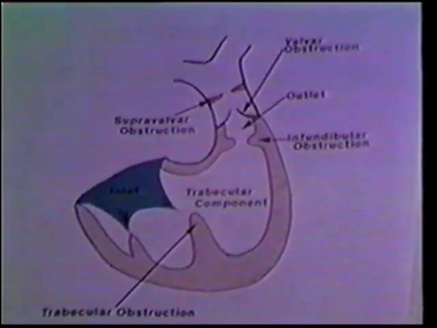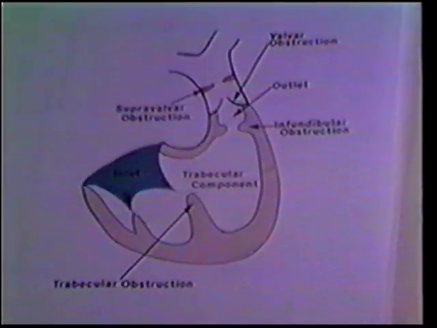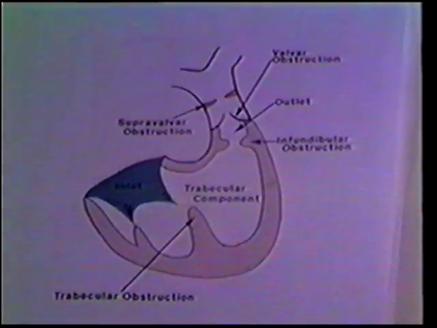Now, ventricular outflow obstructions should be considered in terms of three levels: subvalvar level, the valvar level, and supravalvar level. If we take a chart, we can show these sorts of defects in the right ventricle that can affect outflow.